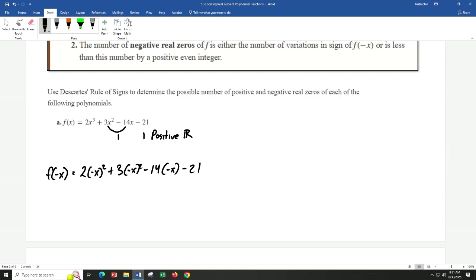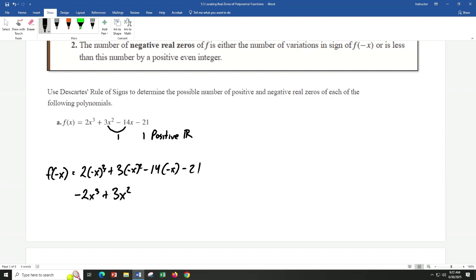Well, hey, we literally just said -x cubed will become a negative, right? That negative is going to stick around. So now this is going to become -2x cubed. But then nothing's going to happen to that 3x squared because -x squared just turns into x squared. So that just turns into plus 3x squared.